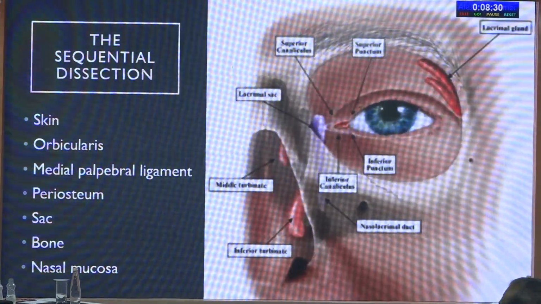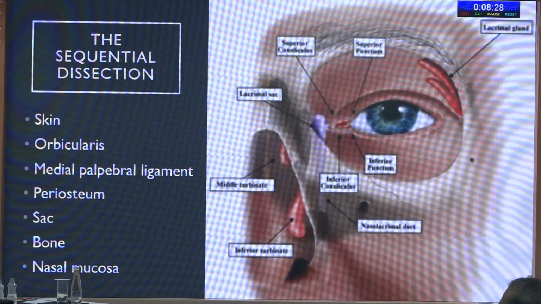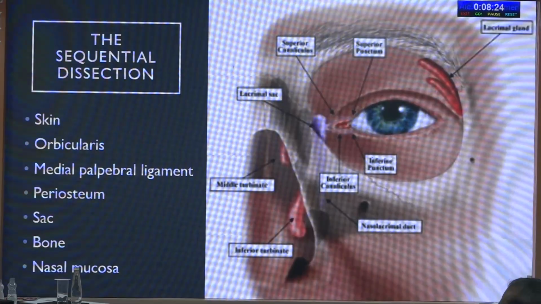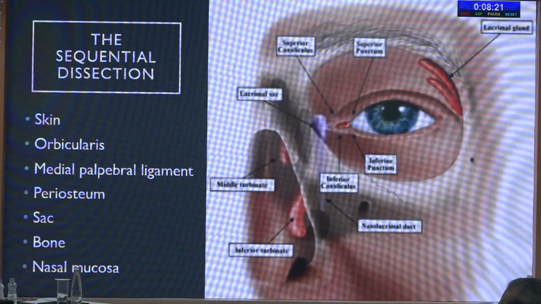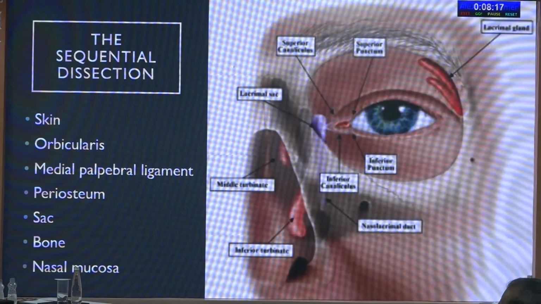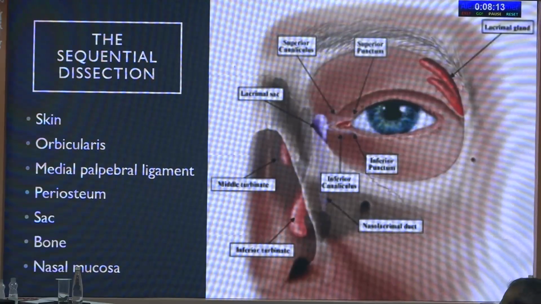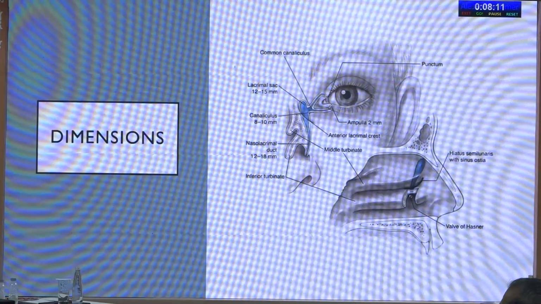Then you get the MPL, which gives you the periosteum insertion. The periosteum means you have got the bone, and underneath the MPL, you get the sac. And beyond the bone, on the other side, you have your nasal mucosa. So these are the structures that you are going to encounter in DCR.